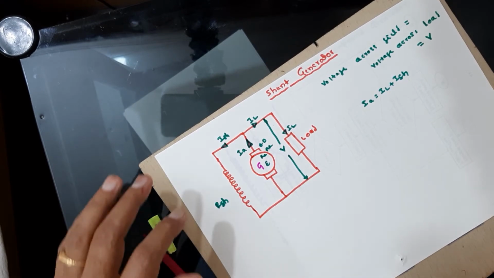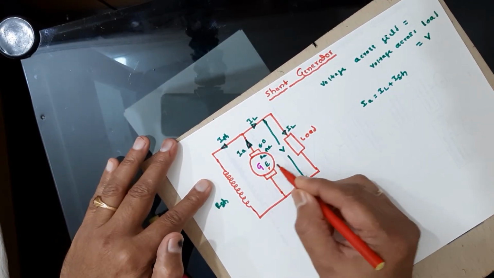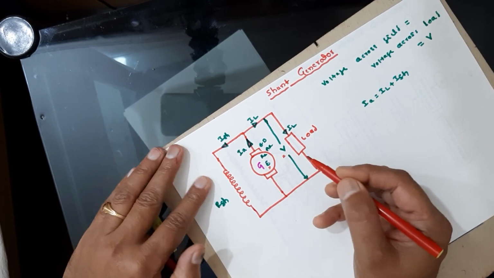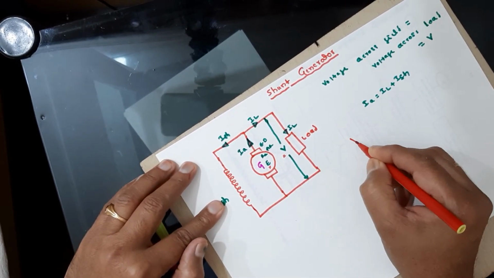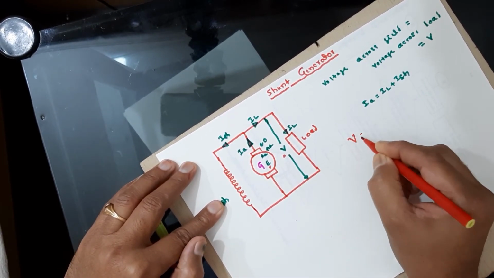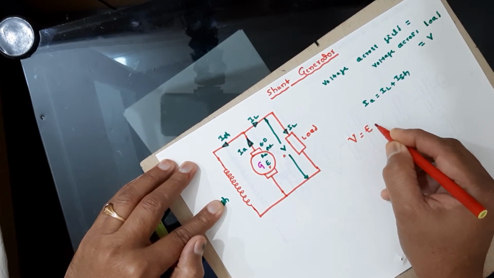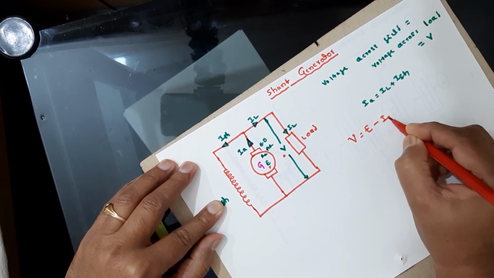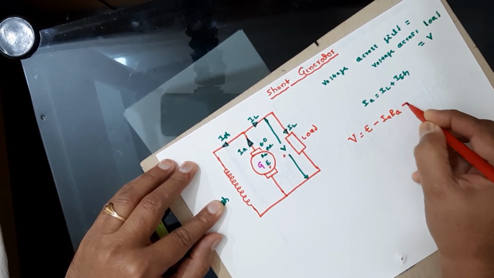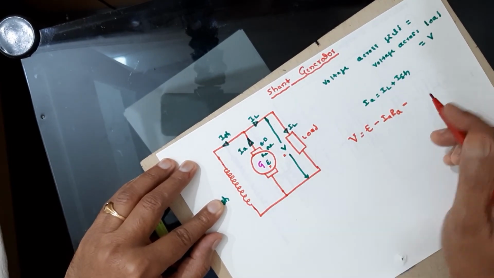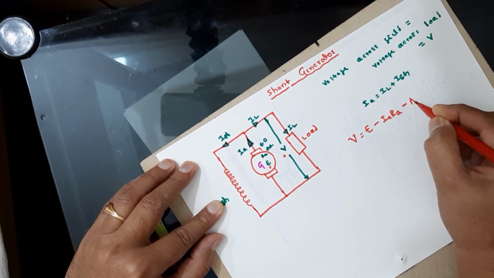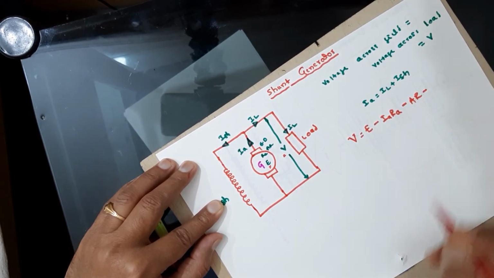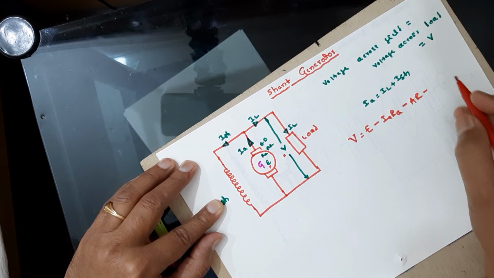Next, now we want to establish the relation between E and V. Therefore, V is equal to, the same procedure you have to follow, E minus first drop IRA drop, minus the voltage reduction because of armature reaction, minus brush drop.